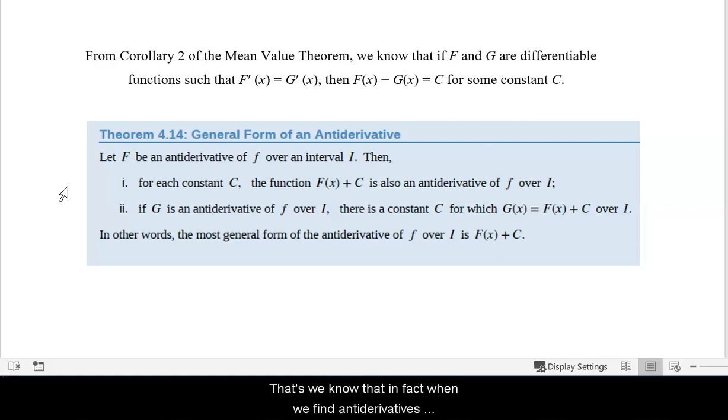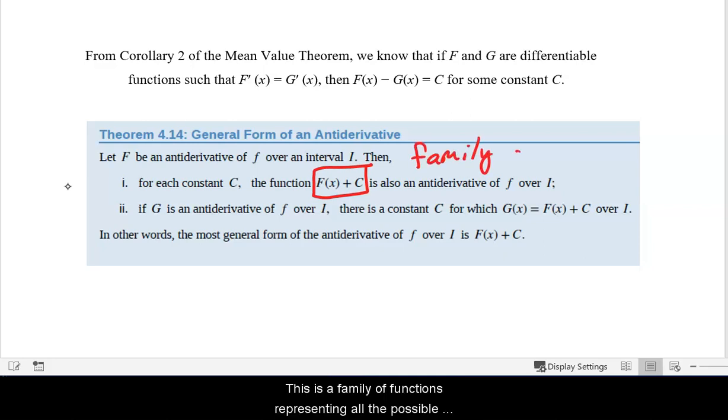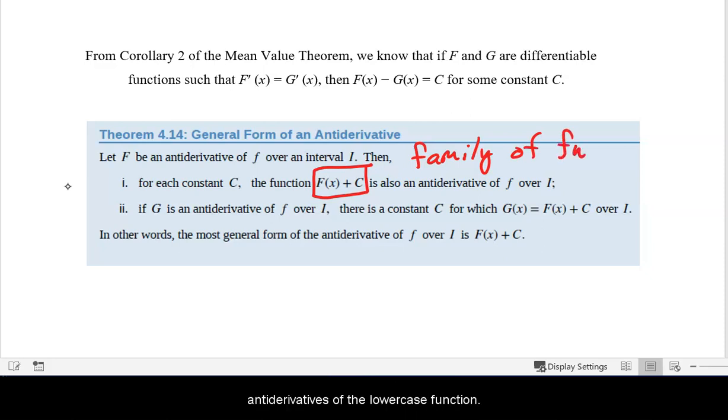Thus, we know that when we find antiderivatives, we're finding what's called a family of functions. The family of functions that we're finding is given by this F of x plus c. This is a family of functions representing all the possible antiderivatives of the lowercase function f.